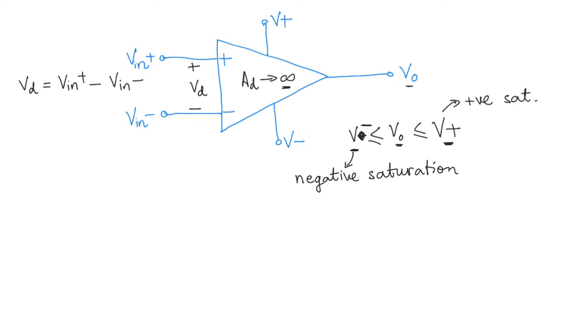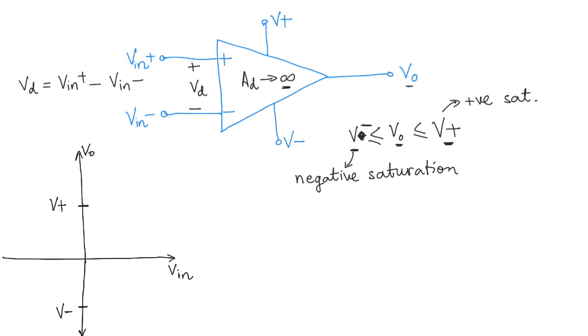One of the ways in which we can write this is by drawing a graph. So let's do that. Let's put V in on the x-axis, and V out on the y-axis. Let's say this is our power supply V plus, and that's our value V minus. So that's on the negative side, and this is on the positive side.